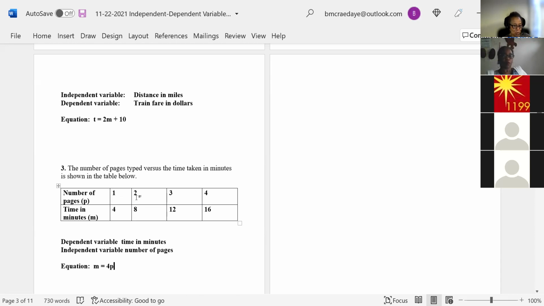If P is 2, 4 times 2 is 8. P is 3, 4 times 3 is 12. P is 4, 4 times 4 is 16. If P was 5, 4 times 5 will be 20. So there's your equation. M equals 4 times P.